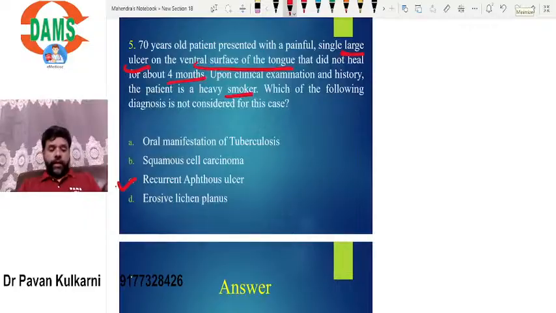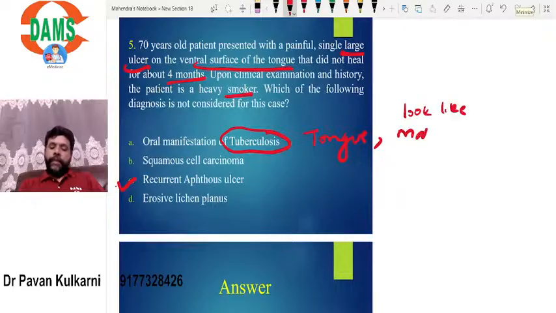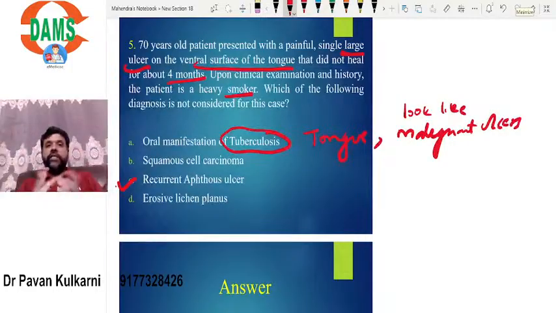Tuberculosis, yes, because we should know that tuberculous ulcers also look like malignant ulcers, and they also typically occur on the tongue. Large ulcers, undermined edges, all those things you will see in tuberculous ulcers.